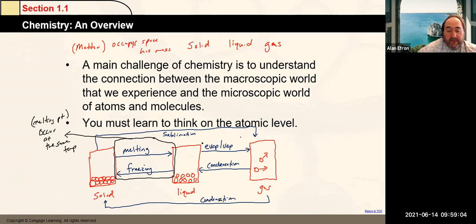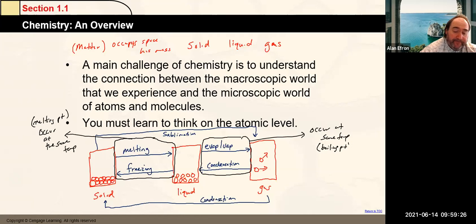And the same thing occurs when we talk about evaporation and condensation. These also occur at the same temperature. For example, that is 100 degrees Celsius if we're talking about water. At 100 degrees Celsius, that's when water boils. That's what's known as the normal boiling point of water.